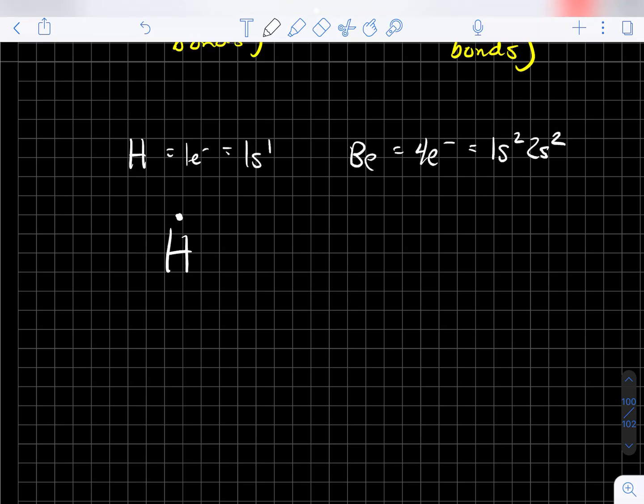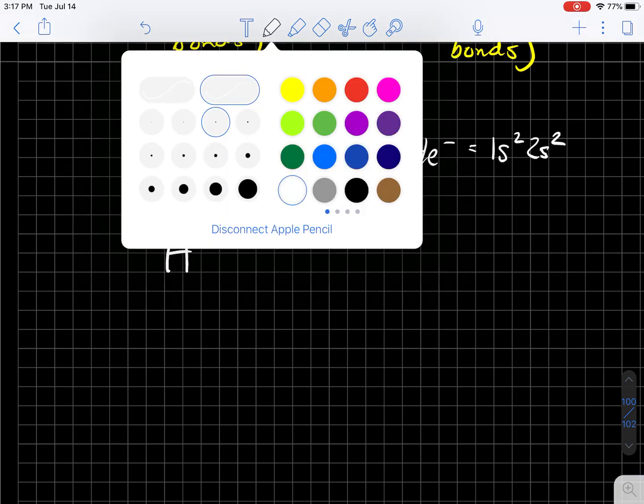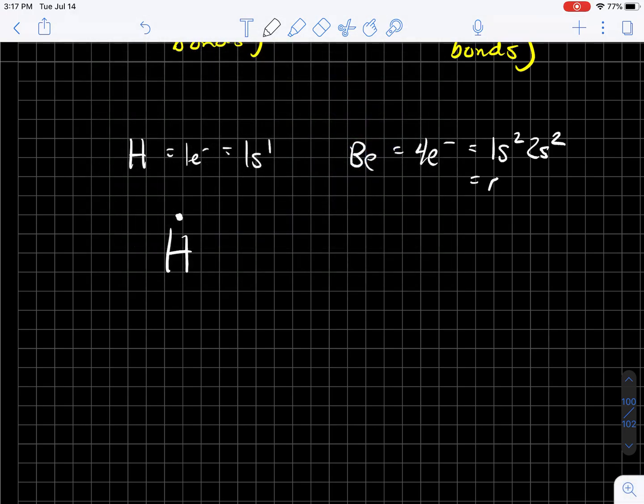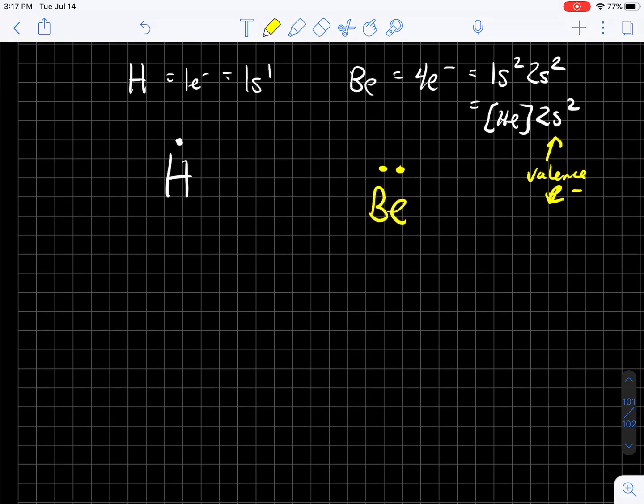Now, the 1s2 is in a noble gas core, so really core configurations are better for this exercise. Like if I put this in a helium core, then I have 2s2 outside of it, and the 2s2 are my valence electrons. So those are the ones that go in the diagram. So I would write beryllium, and then I would put 2 dots.